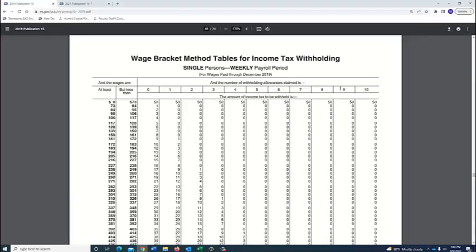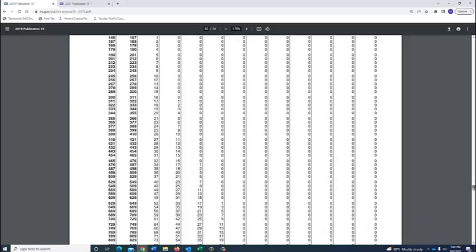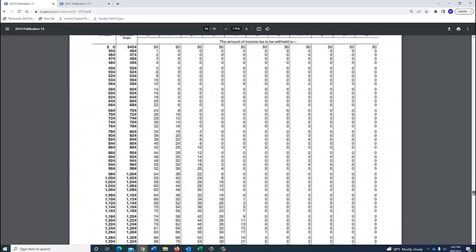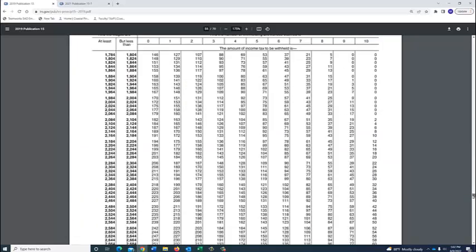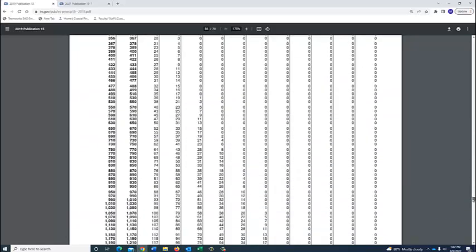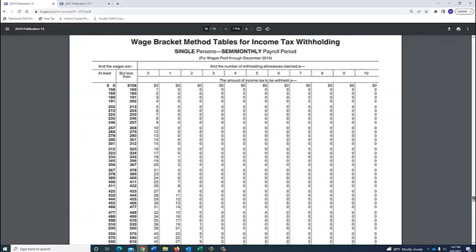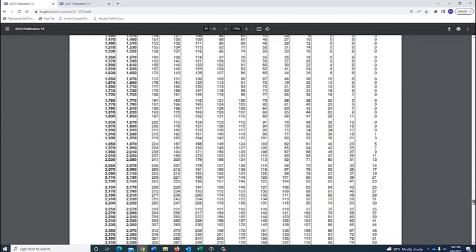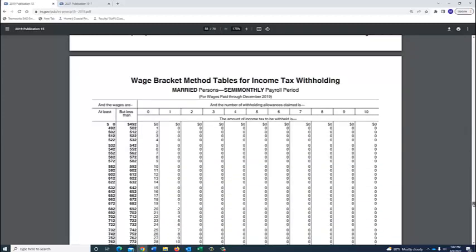So when we go over to the tables, we first need to make sure that we find the correct pay period. So we're going to scroll down until we come to the semi-monthly married table. We have semi-monthly single there, and here we have the semi-monthly married.